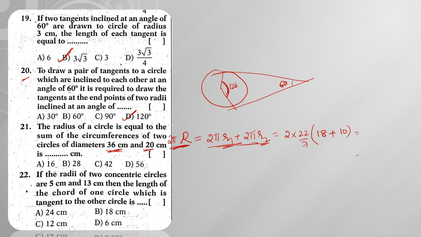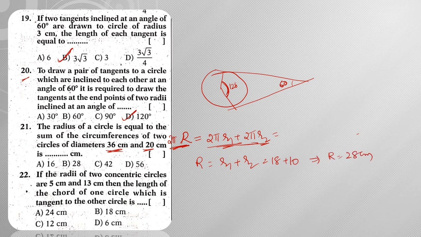Clearly, on both sides we can take 2 pi as common and cancel out. So capital R is equal to small r1 plus small r2, which gives small r1 is 18 plus small r2 is 10. So capital R can be written as 28 centimeters.